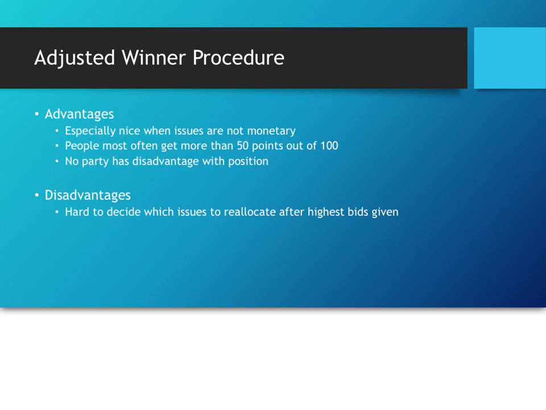Now, another big disadvantage that I hadn't mentioned in this slide is, well, what if we had 2 bidders and there's a bunch of issues, but both bid like 75 and 80 points on a single issue? Then, bad things may happen.